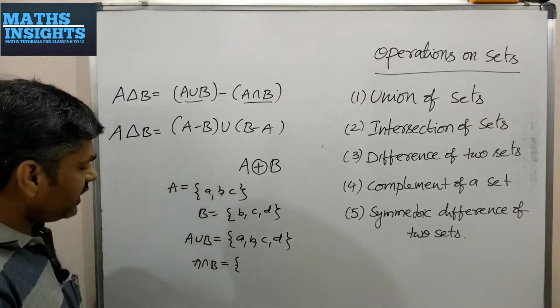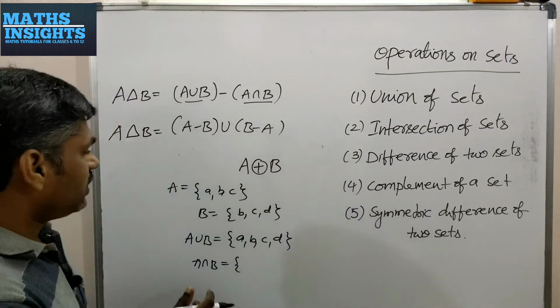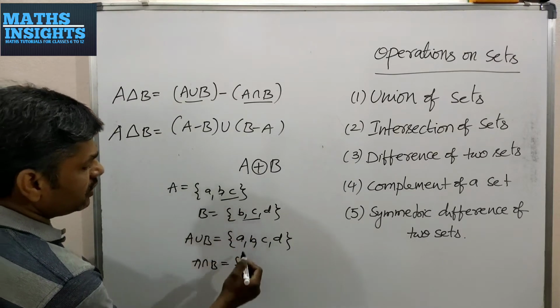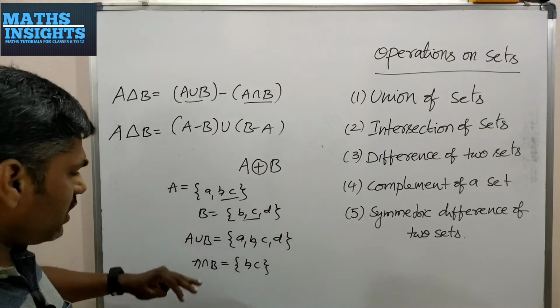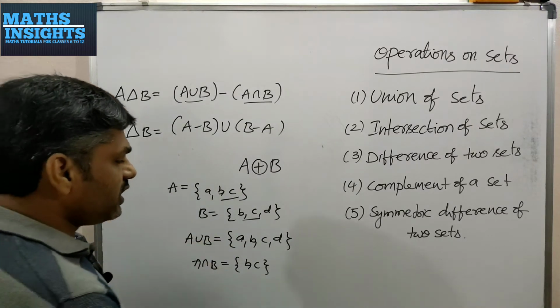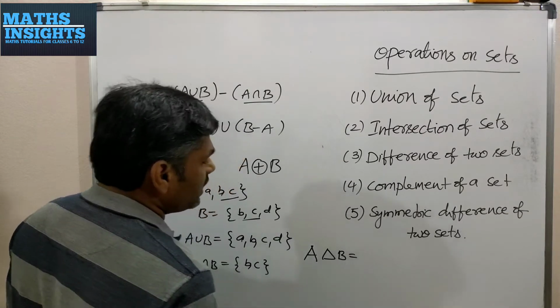A intersection B is a set which contains the common elements of A and B. If you see, b and c are common, therefore I am writing b and c. After finding A union B and A intersection B, you have to find the symmetric difference of A and B.